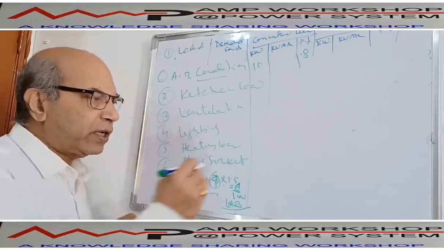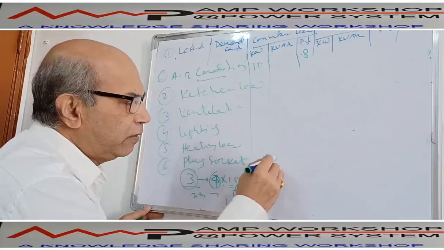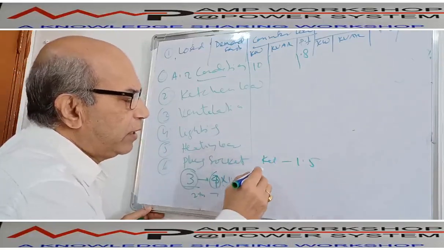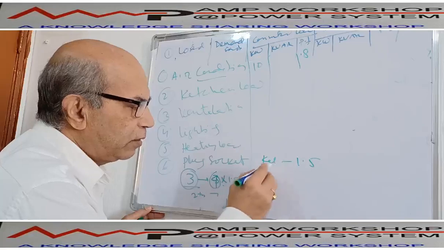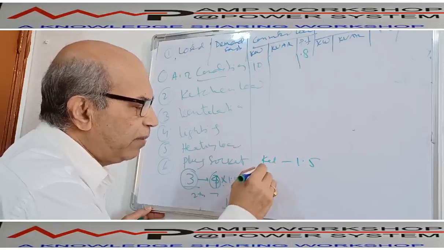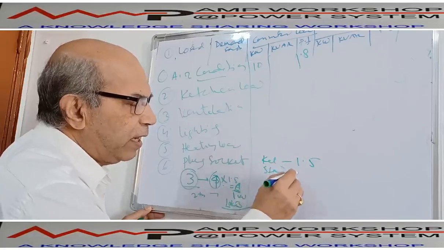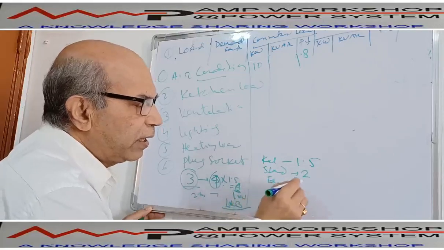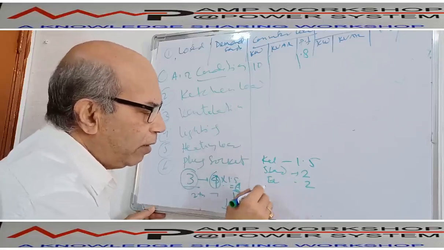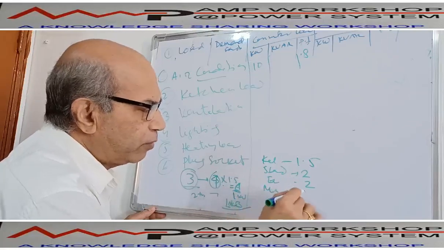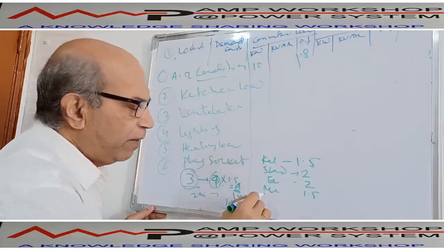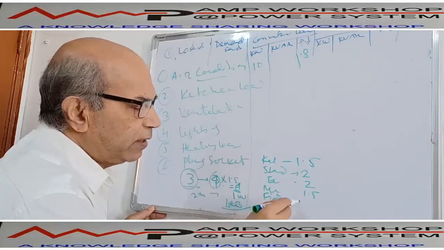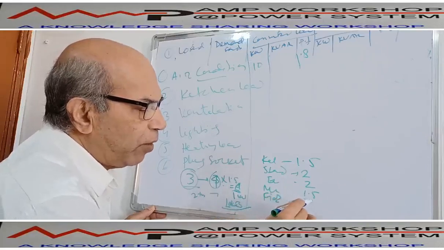If you consider the kettle about 1.5 kilowatt, you have your steam iron also in the kitchen area, that will be about 2 kilowatt. Then you have an electric grill about 2 kilowatt. Then you have a microwave which is about 1.5 kilowatt. Then you have a fridge and all this, approximately 300 watt, 0.3 kilowatt.